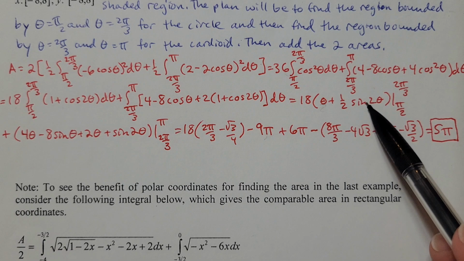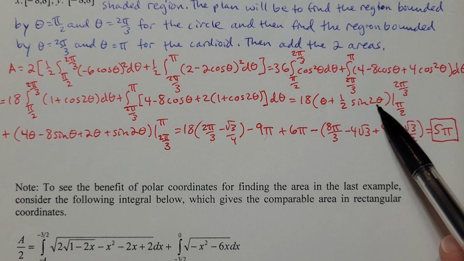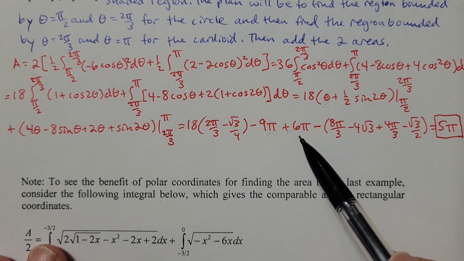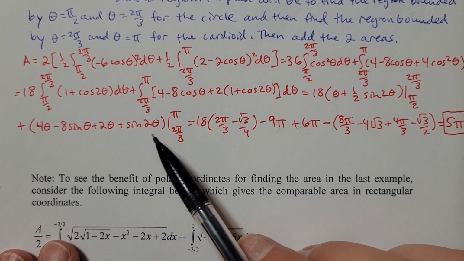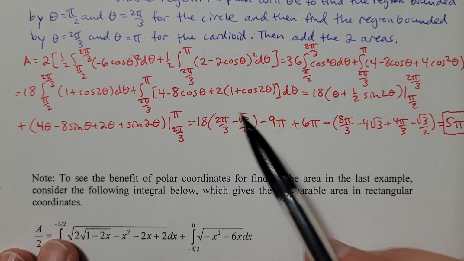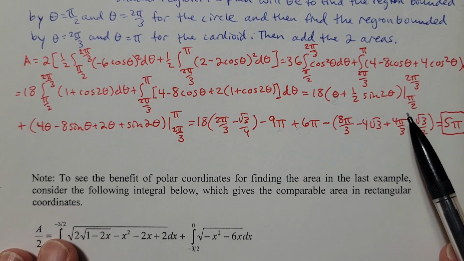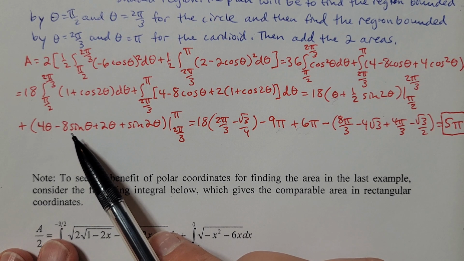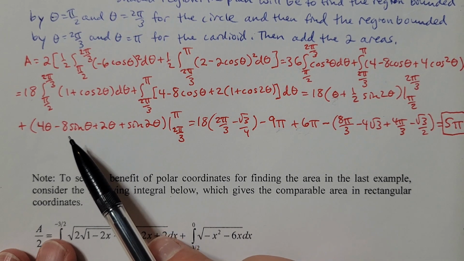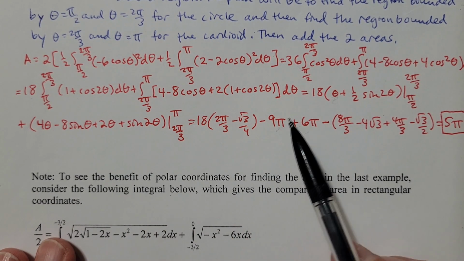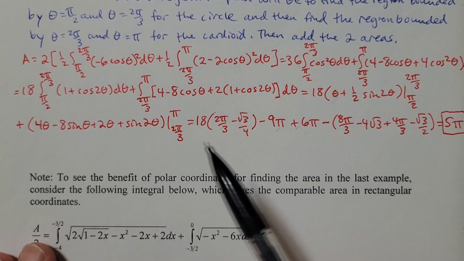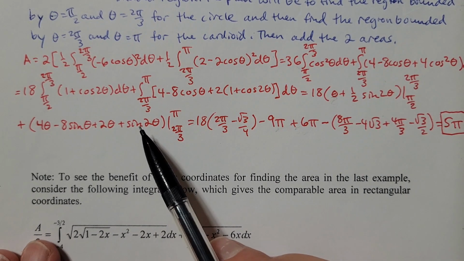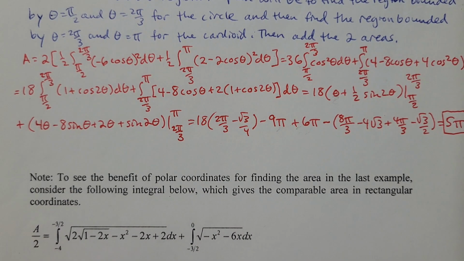And then sine of 2 times pi over 2, that's sine pi, that's 0, right? Okay, plus, when I plug in pi here, then I'm going to have 4 pi and 2 pi, that's 6 pi, okay? And then minus 0 plus 0.